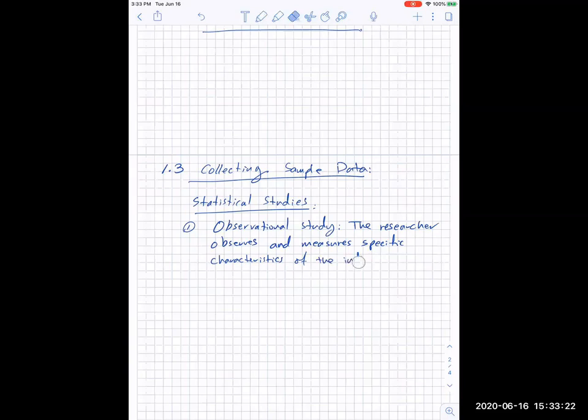To be more specific, of a randomly selected individual.